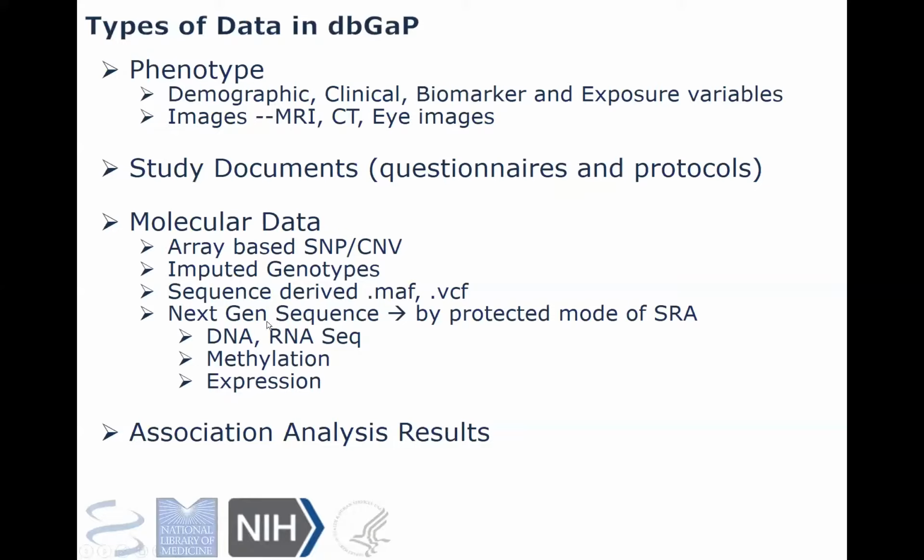And then this would also include RNA-seq or methylation or expression data using next-gen technologies. And then the last broad category of data is the association analysis results, which are the p-values that result when you analyze the phenotypes against the genotypes.